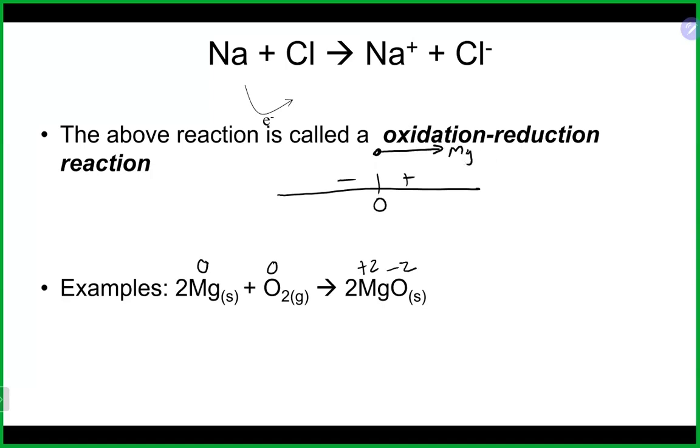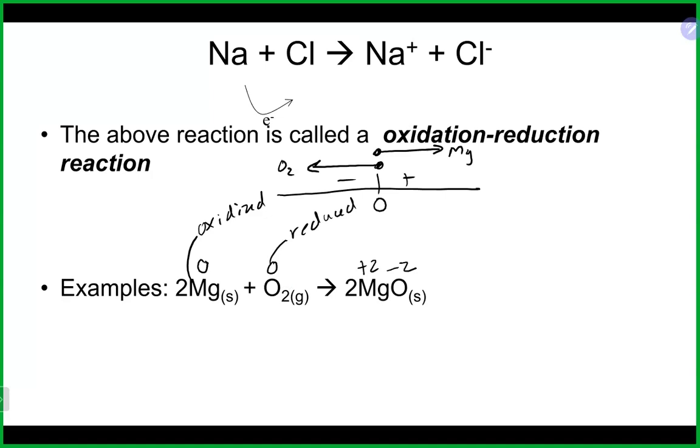That means magnesium is doing what? Yeah, it's being oxidized, right? Oxygen by default is being reduced, but we can still figure it out. Oxygen started at 0 and ended at -2, heading in that direction, right? And it is being reduced in that case, becoming more negative. Also a redox reaction. This really big classification of it is a redox reaction.